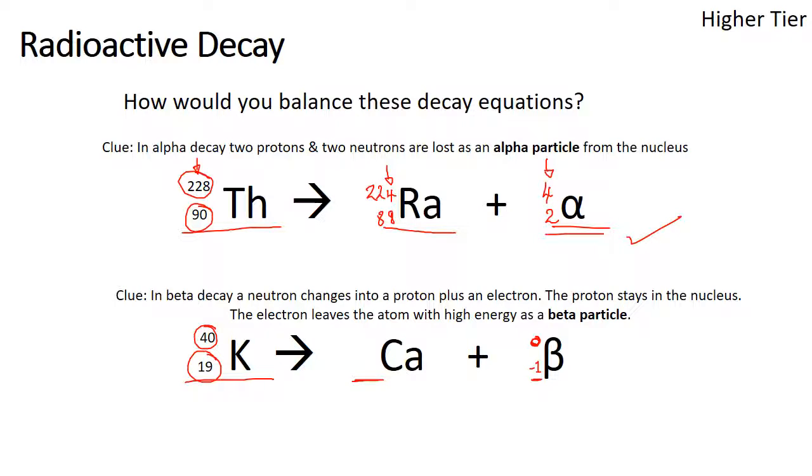Now we're going to look at what element is going to be made from this decay. We can start off by looking at the mass number, the top number. Beta decay is always released when a neutron changes to a proton plus an electron, and this electron is then given out as the beta decay. So the top number, the mass number, should remain unchanged, because all you're doing is switching a neutron, which has a mass of 1, for a proton, which has a mass of 1, and then releasing your electron, which doesn't weigh anything in the first place.